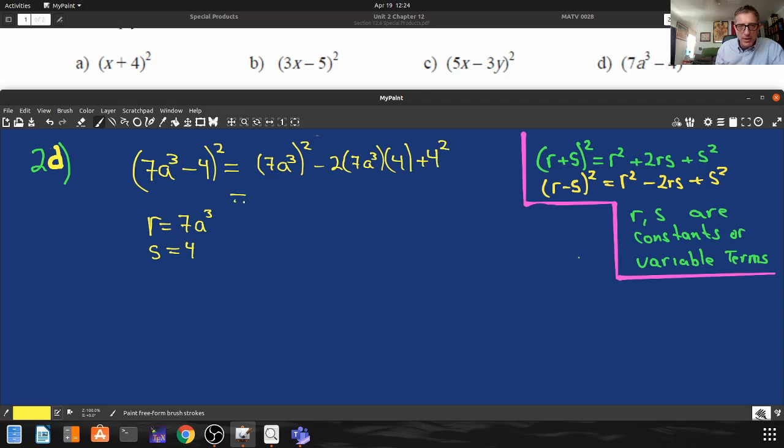So let's simplify. 7a cubed squared is 7 squared, which is 49. a cubed squared is a to the 6th. So minus 2 times 7 times 4. So minus 2 times 7 is 14.